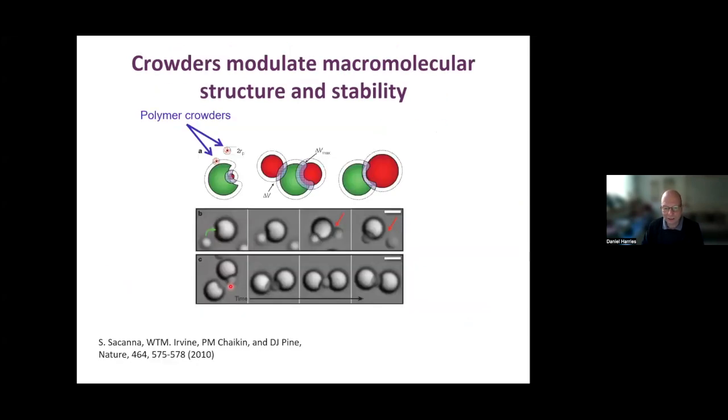Here is another example from the group of Pine, whereby you can drive association between colloids of different shapes and sizes by adding, again, a polymer that crowds the solution and drives these kinds of associations.